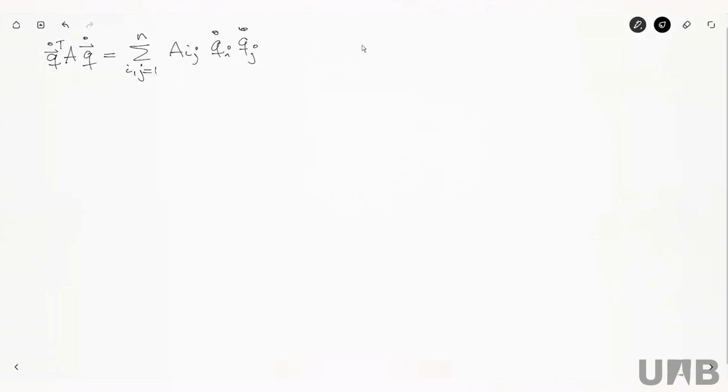It's nothing else but this. Now, the thing to notice is that a_ij in this sum is actually, necessarily, symmetric. Is that clear?